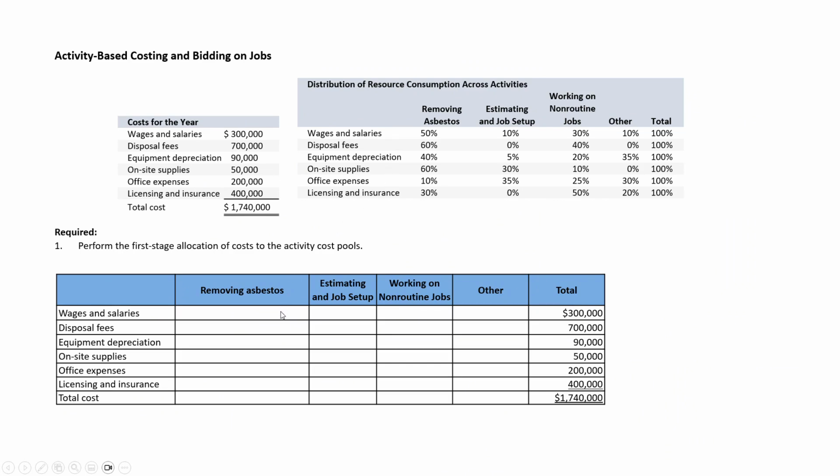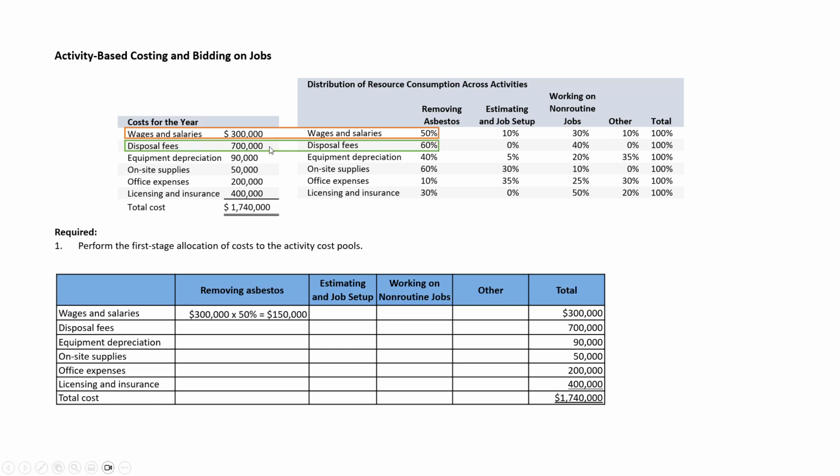So our first task, again, is to take these individual categories of overhead and separate them amongst the activities. I'm going to work through removing asbestos with you. For example, wages and salaries, $300,000, times 50% is $150,000, which we list under removing asbestos. I'm going to work down instead of across this time.